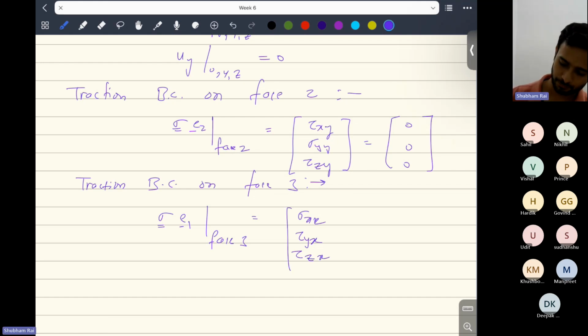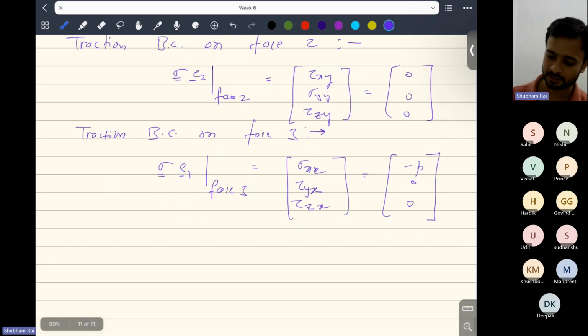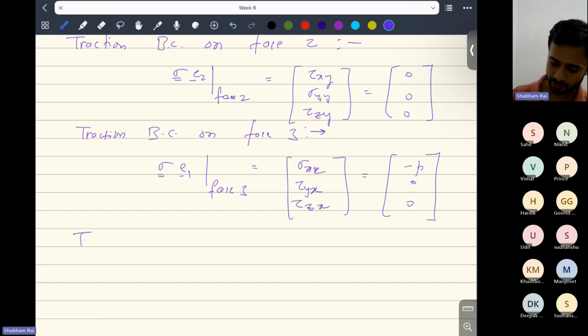That should be equal to minus p in x direction, and in y and z, there is no shear traction here. So these are 0. So from here, we can say that sigma xx is minus p, and tau yx and tau zx are 0.